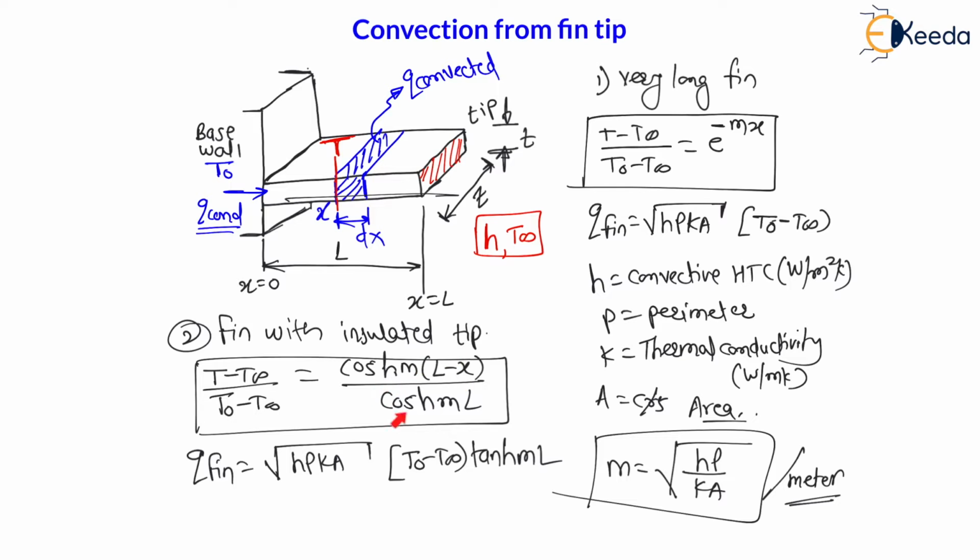Here tanh is a hyperbolic function, not a convective transfer coefficient. The h in the under root is the convective transfer coefficient, and here it is the tanh function. These calculations we have seen.